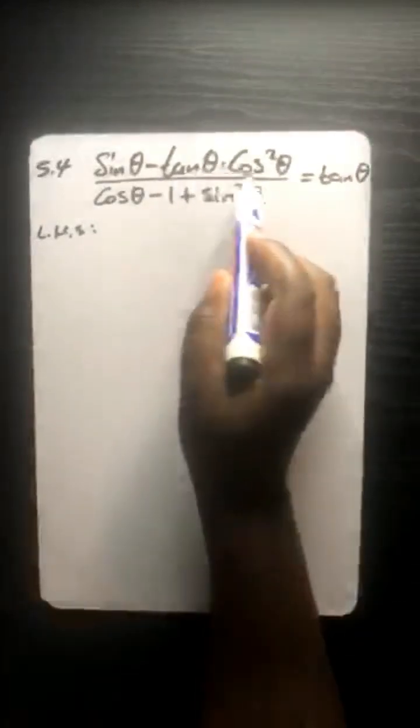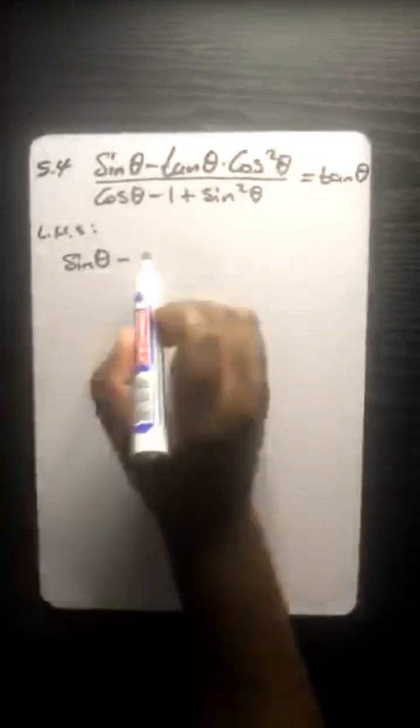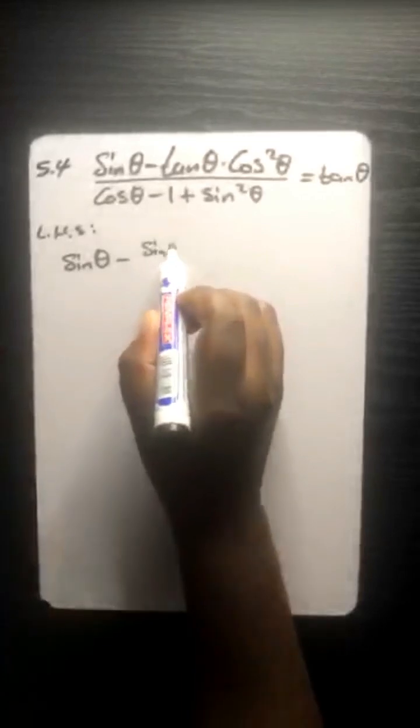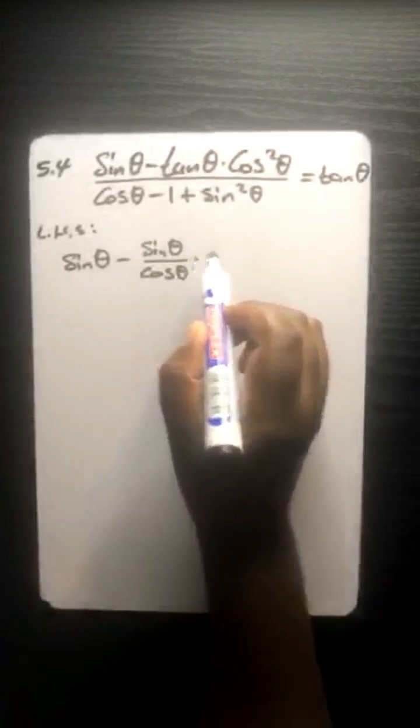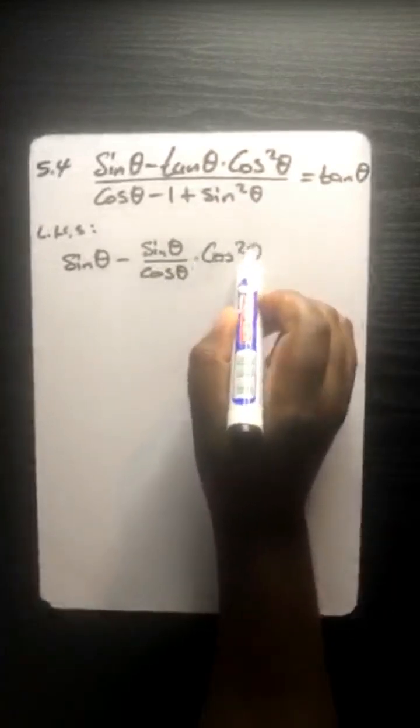So let's have a look at the left hand side and see if we can work it out, because we realize we are having terms that we can break. But let's see, where do we start in this case? You can still write sine of the angle as it is because you cannot do anything to that. And then you can say minus, let's see if we rewrite this one as that, multiplying cos squared of an angle.